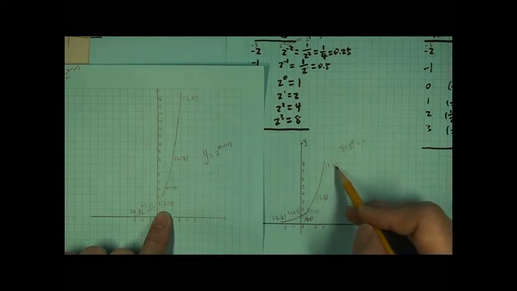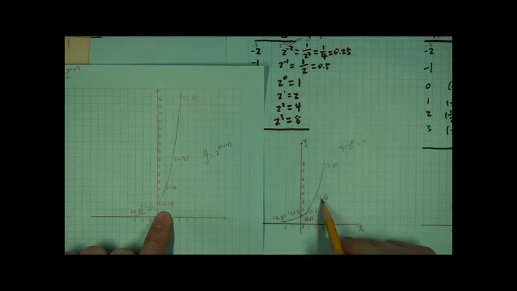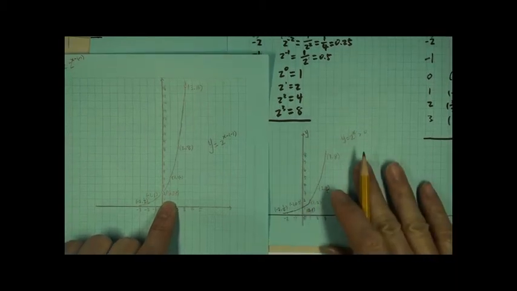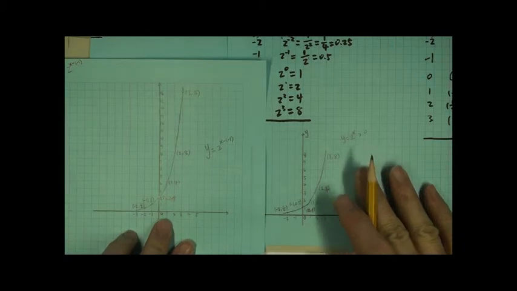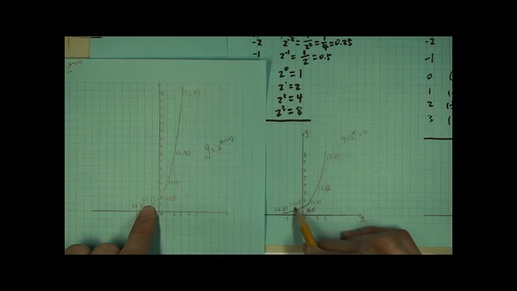You see 3, 8 from 2, 8. 1, 4 from 2, 4. 0, 2 from 1, 2. Where does this point go? You can see clearly here. If it shifts 1 unit to the left, here you see 0, 1 is going to be negative 1, 1. This point shifts 1 unit to the left.